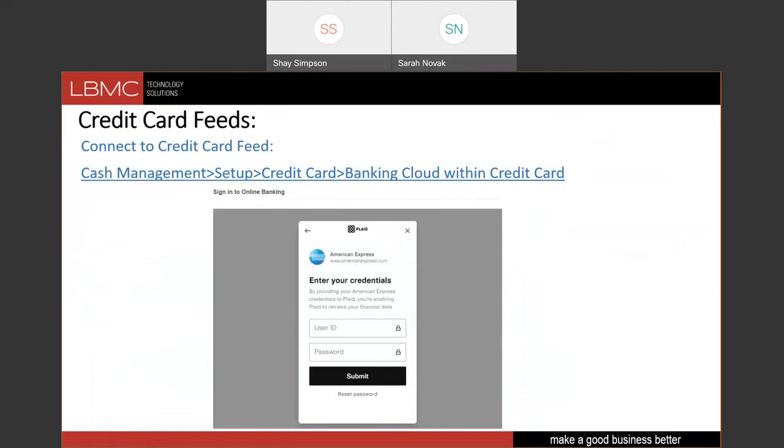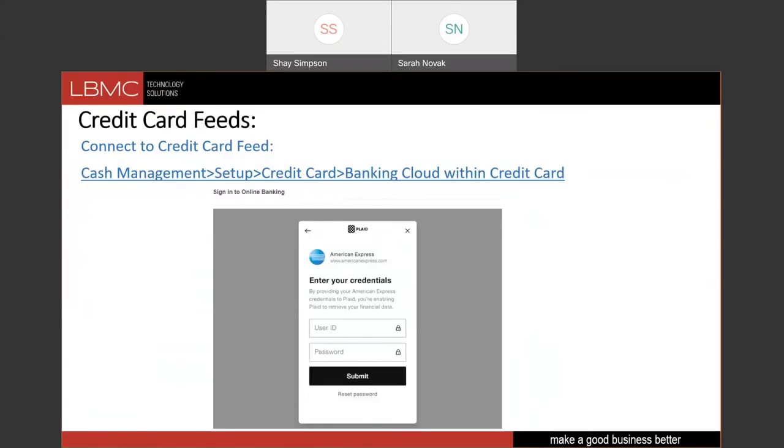So we're going to go into Cash Management, under Setup, Credit Card, and then we're going to click on the tab for Banking Cloud. And we're going to go through the wizard and enter in our credit card credentials.